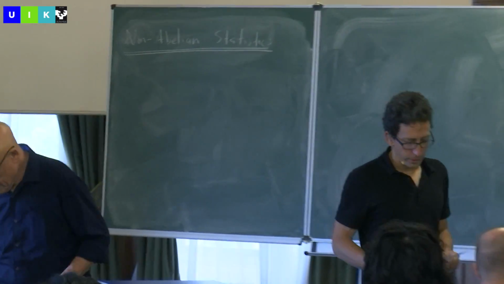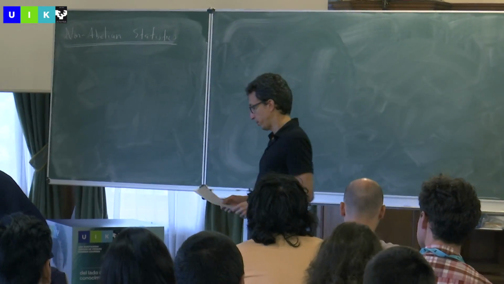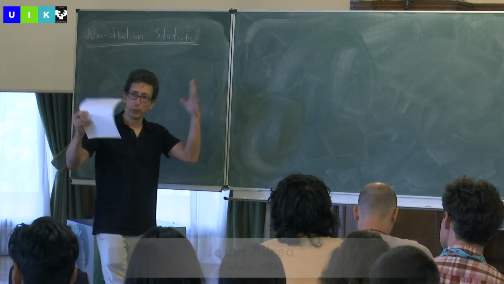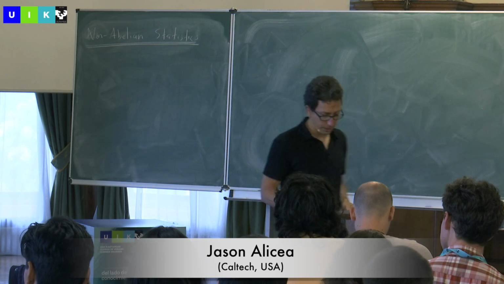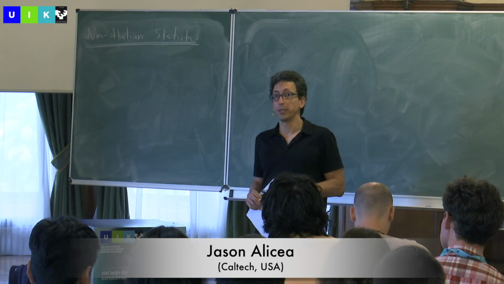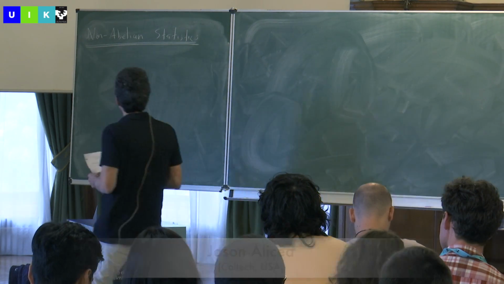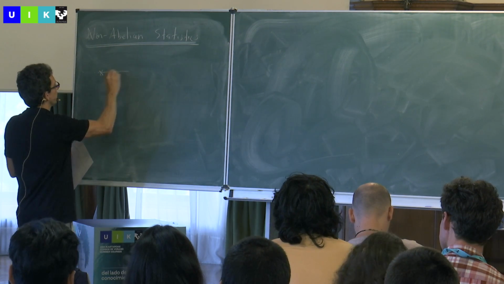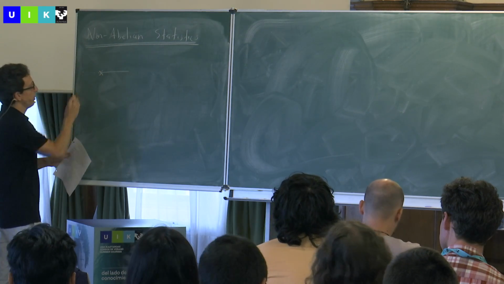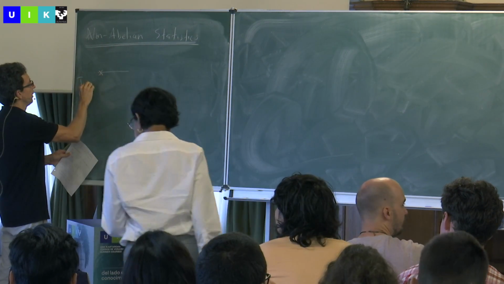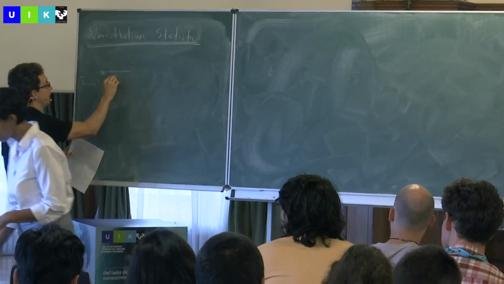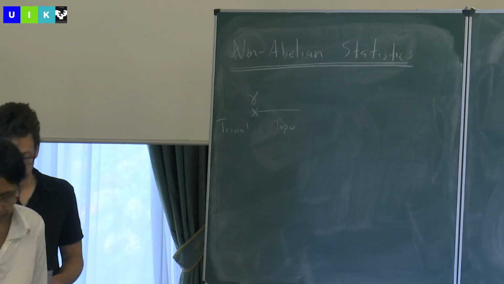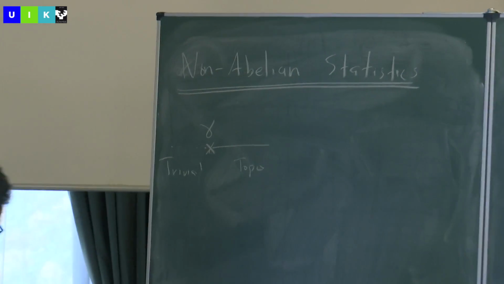So now that we've gone through a tour of one-dimensional and two-dimensional topological superconductors, I want to turn to maybe the most exciting manifestation of all of this, which is the phenomenon of non-abelian statistics. We've seen so far that in the Kitaev chain example, if you have a domain wall between a trivial phase like vacuum and a topological superconducting phase, there's a Majorana zero mode bound to that domain wall defect.